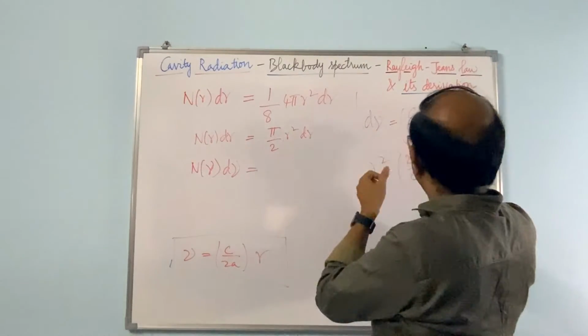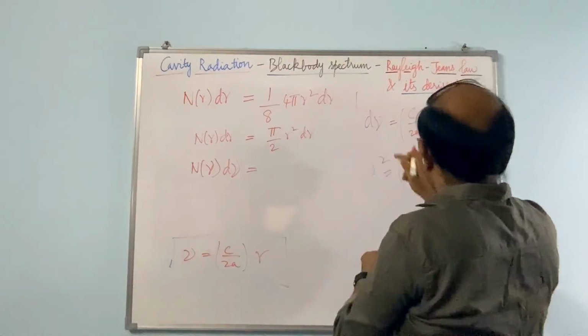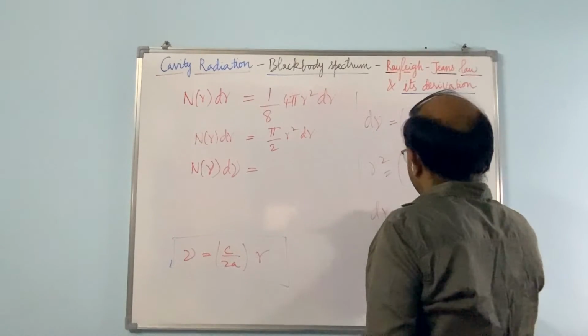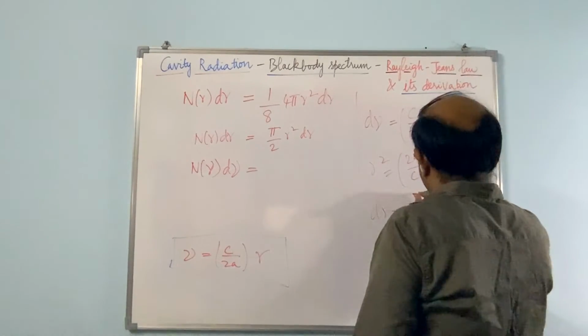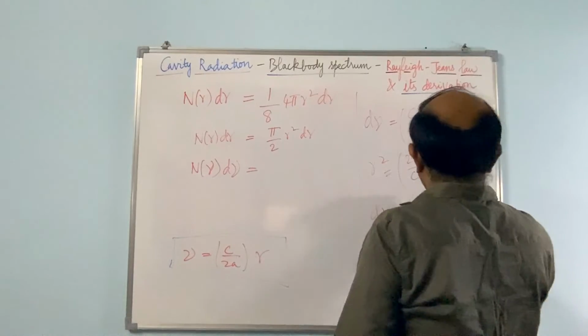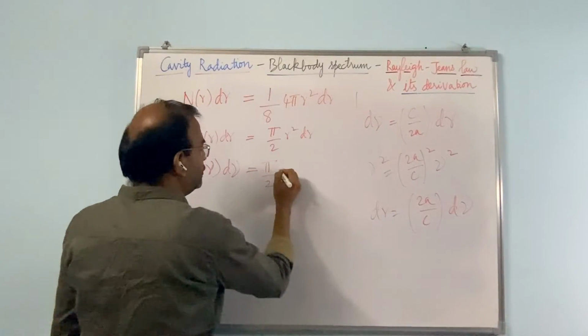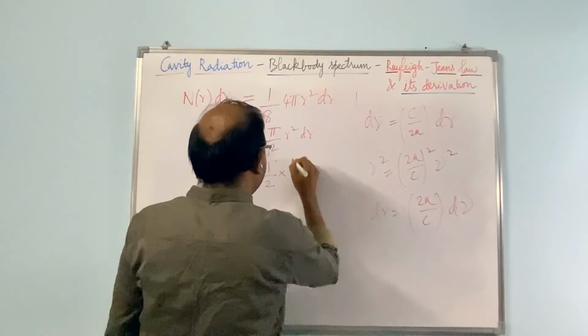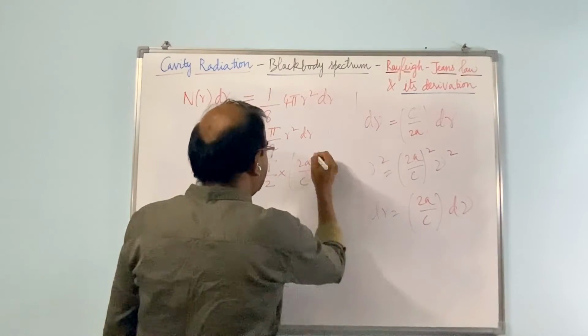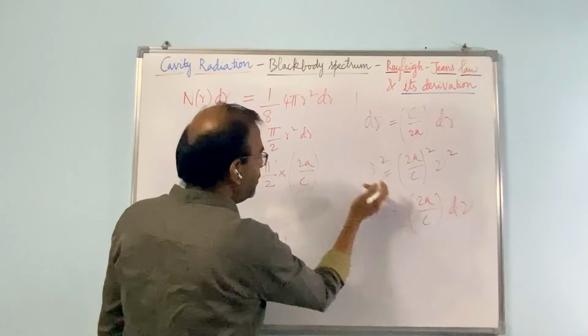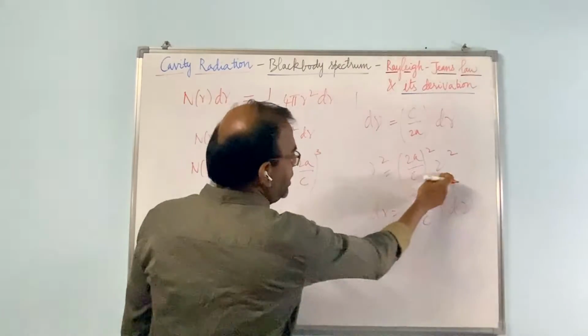So here d nu we can convert into dr by writing it as dr is equal to 2a over c d nu. So we can substitute pi over 2 times r squared, 2a over c whole square, and there is another 2a over c here, so whole cube, then nu square d nu.